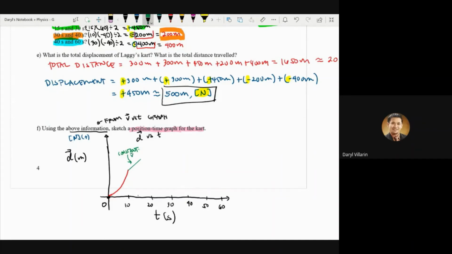So a straight line graph in your position-time graph gives you constant velocity. The first part, if the form is something like this, it is increasing velocity, increasing v, okay? The magnitude is increasing.